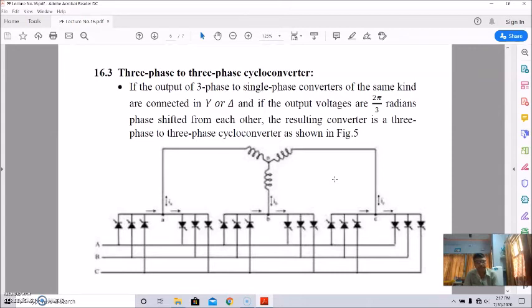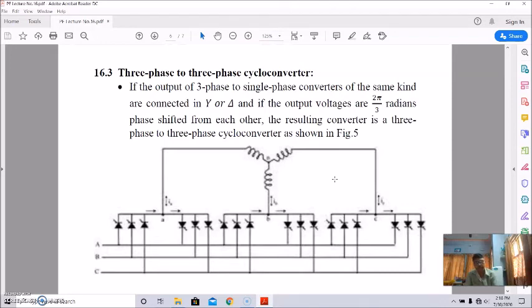In these discussions of cycloconverters, we have gotten some idea about how a cycloconverter operates, what its output waveforms, output voltage and output current should be, and how the frequency is changed from input level to output level.